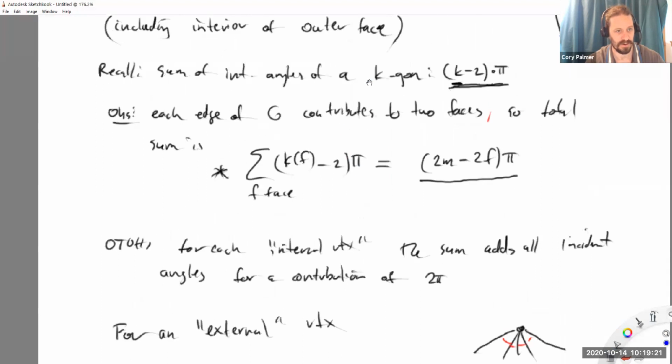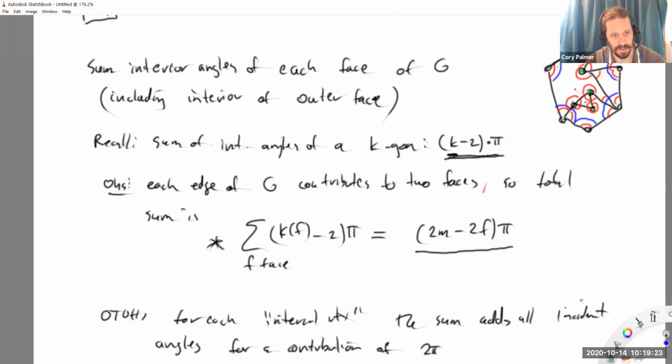Just look at the picture here. Like this example, the sum of the interior angles of the interior faces and the interior angle of the outer face. Maybe this one's an even better example here. Red, red, red for the 3 faces here. And for the 4th face, instead of adding up this outside angle, I add up this inside angle. Why did I do that? So that this count here actually works.